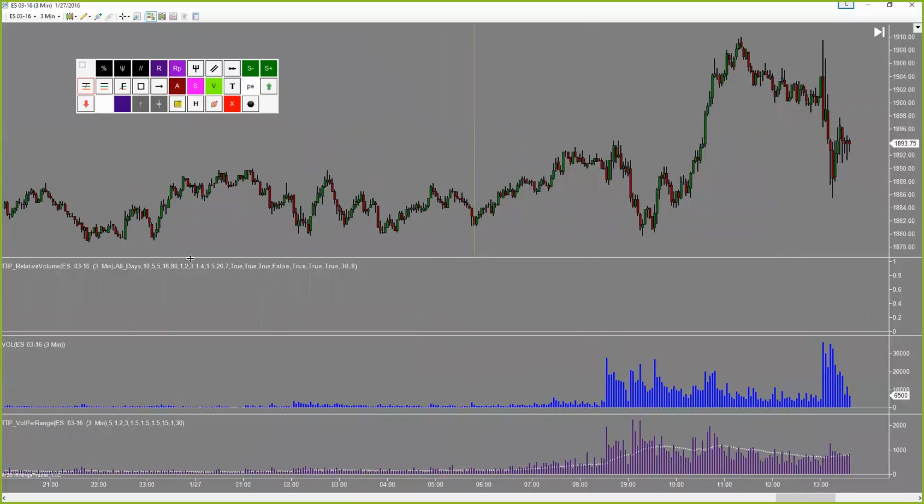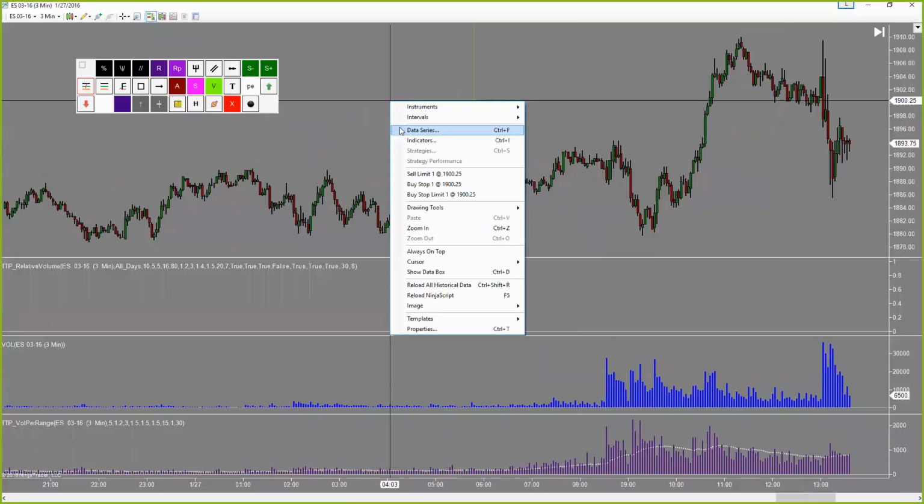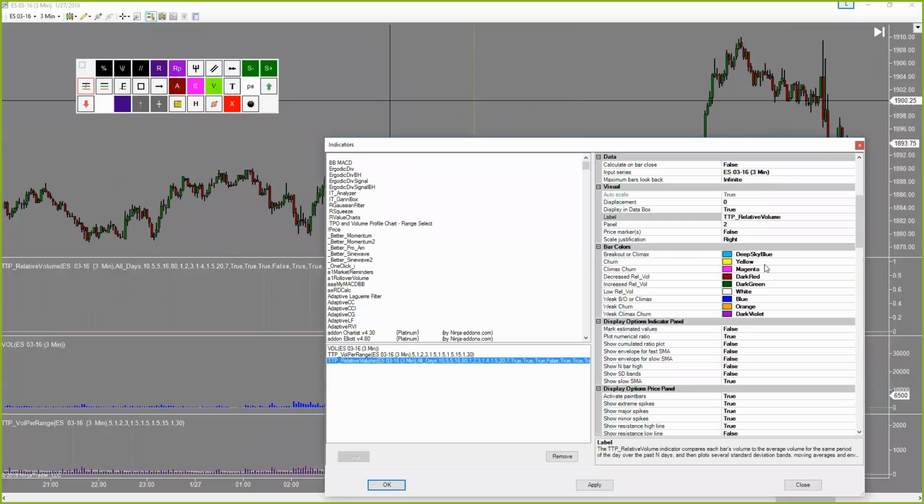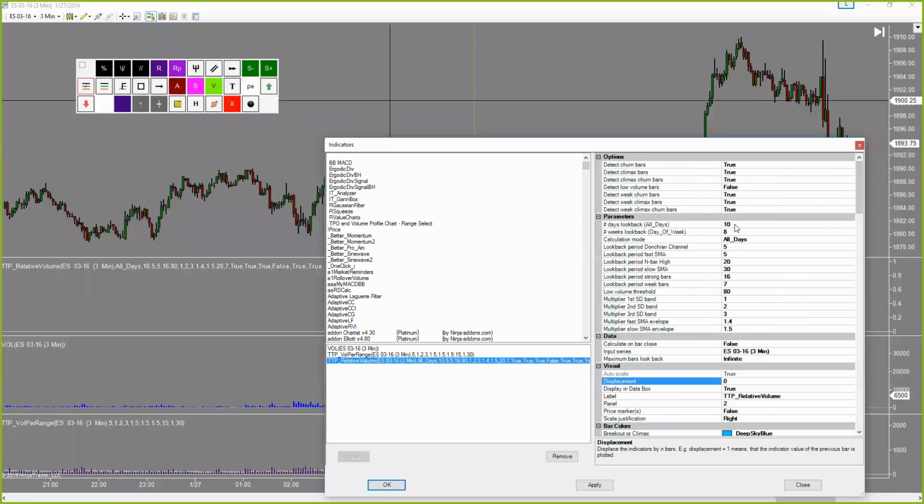The day before that, and the day before that, and the day before that. And I'm averaging all of that together over the past 10 days. And of course, I could set that to 20, 30, 40, whatever.